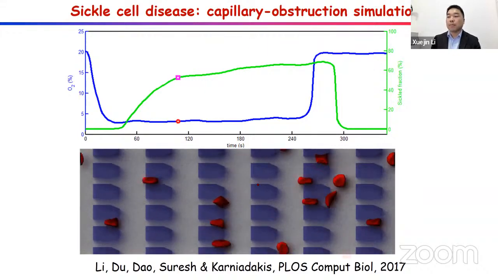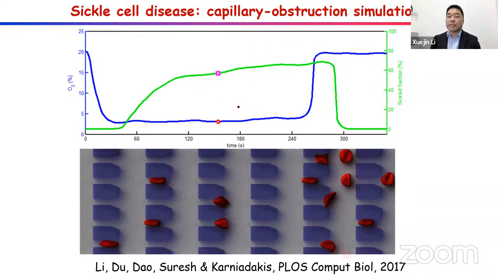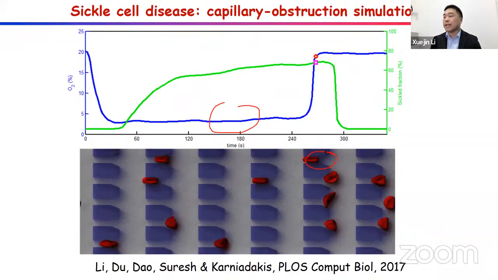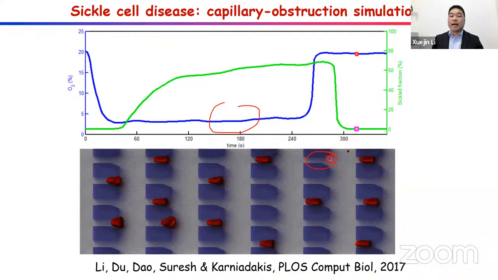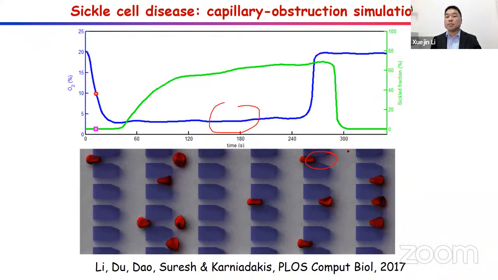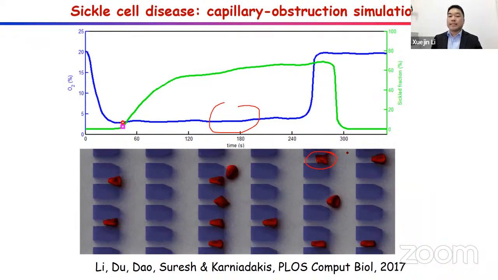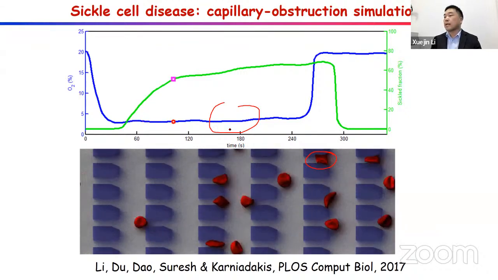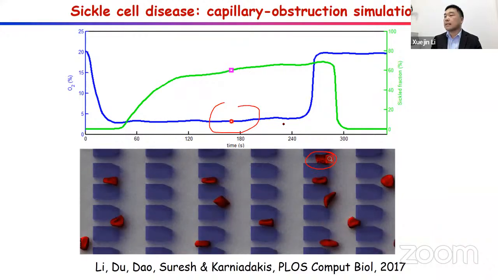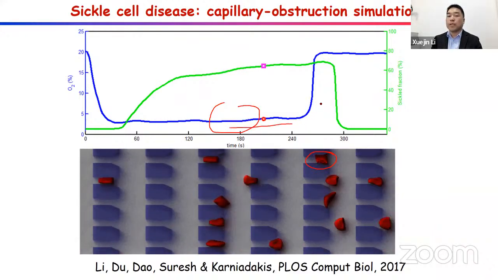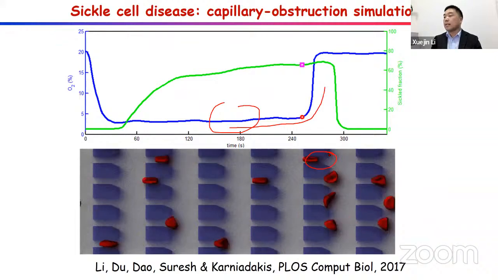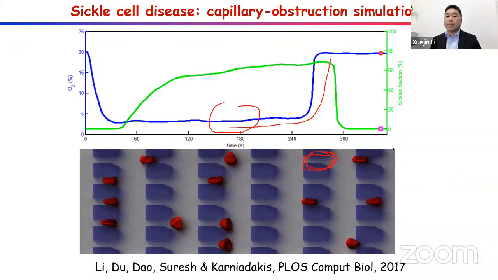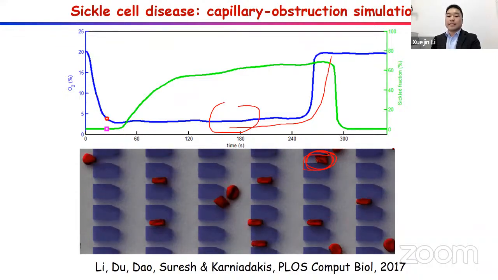There's no problem. And when the oxygen level is reduced, some red blood cells get trapped at the microgate, right? And after the oxygen level is restored, the rigid red blood cell can pass through the microgate once again. This here is the oxygen level. When it's restored, this trapped cell can pass through the microgate once again.